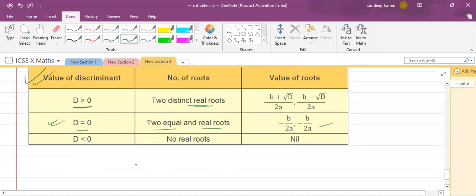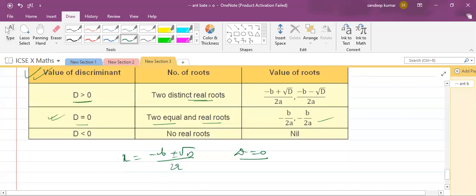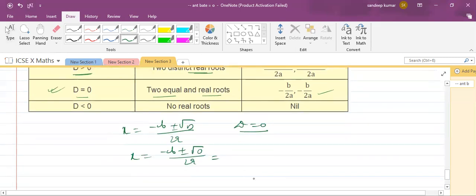As I am telling, x is equal to minus b plus minus root d by twice of a. Okay, so here d is equal to 0, substitute the value of d as 0. So you will get x is equal to minus b plus minus root 0 by twice of a. Okay, so square root of 0 is 0 only.